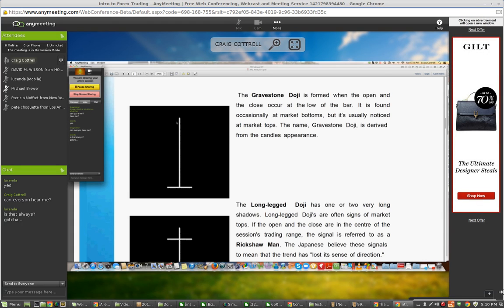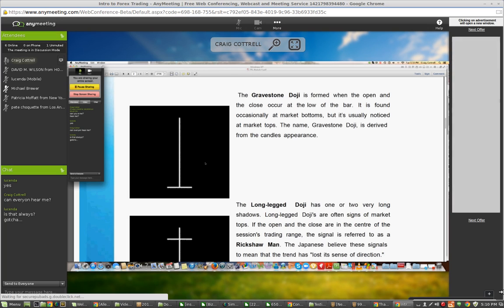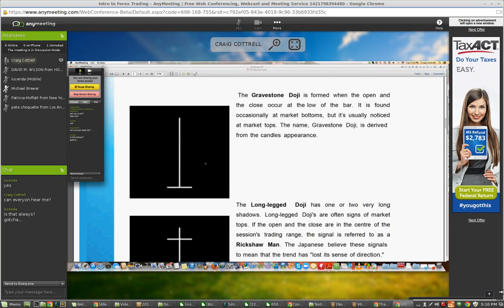So this upward momentum that the buyers had initially couldn't be maintained, and the sellers jumped in and drove the price back down. That's why you find this at a market top. So when you see this at a market top, that's usually a pretty good indicator that that uptrend has lost its steam. I'd be expecting either some sideways movement or perhaps some movement back to the downside.